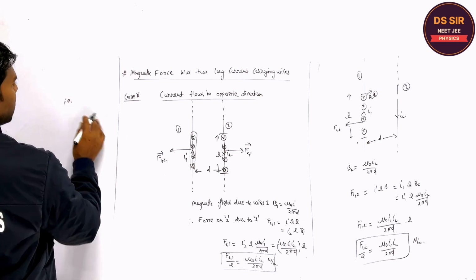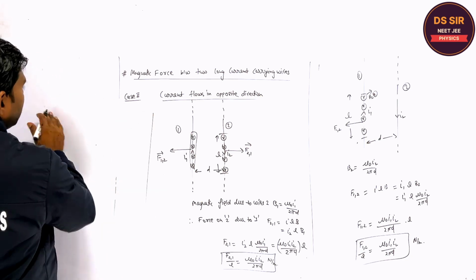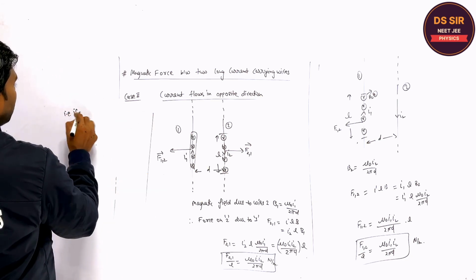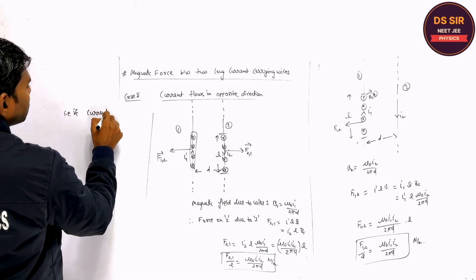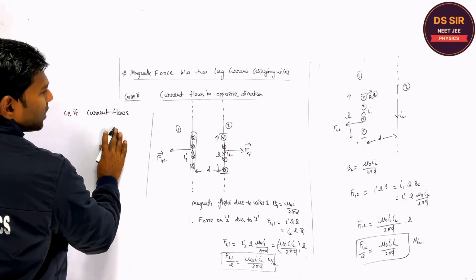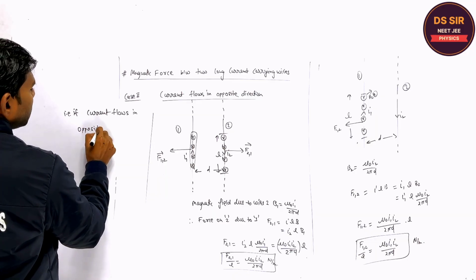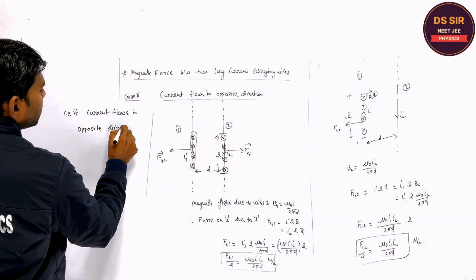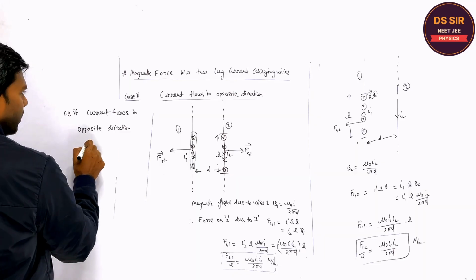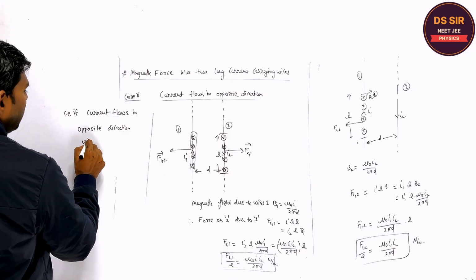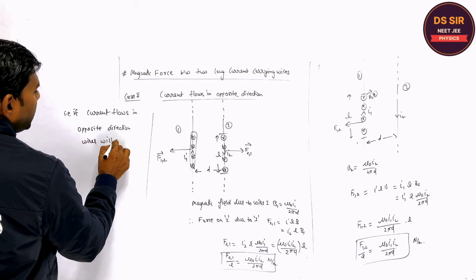So if current flows in opposite direction, the wires will repel each other.